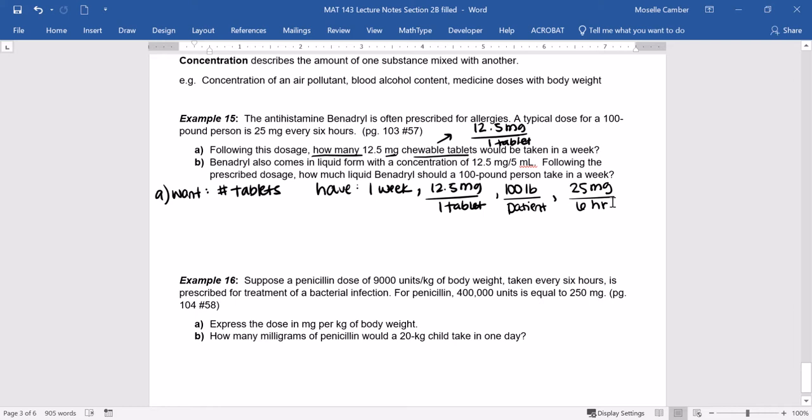So we want number of tablets. We're going to start with tablets, and I'm going to abbreviate it tab. Looking in here, one tablet is 12.5 milligrams. So one tab is 12.5 milligrams. Looking for something else with milligrams, I have 25 milligrams in 6 hours.